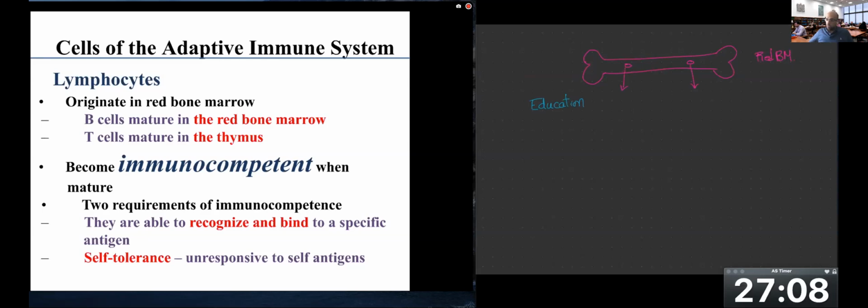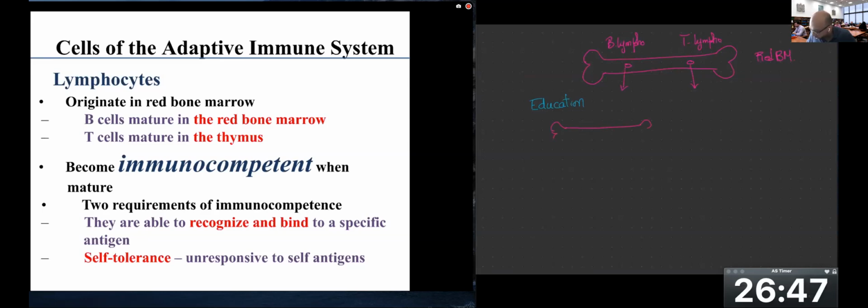So the B lymphocytes and the T lymphocytes are going to school. The B lymphocytes will remain in the same neighborhood. They won't be going anywhere.